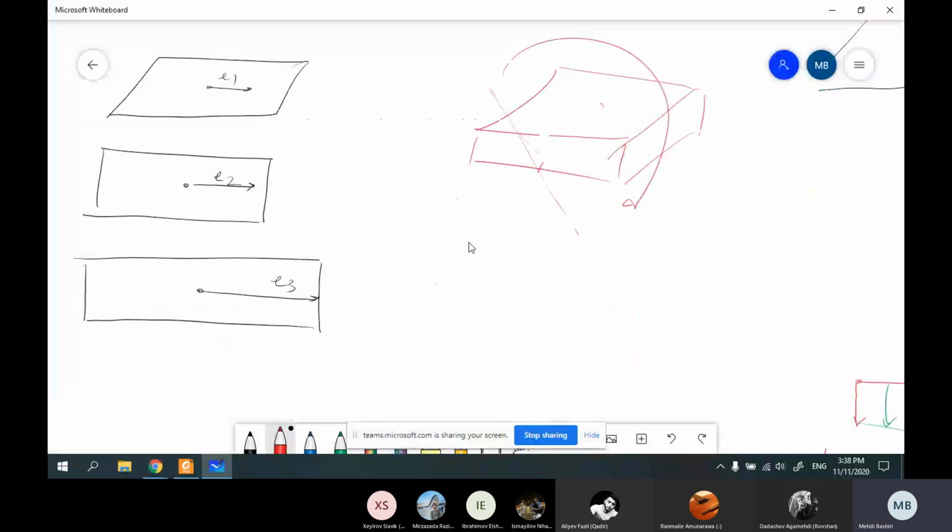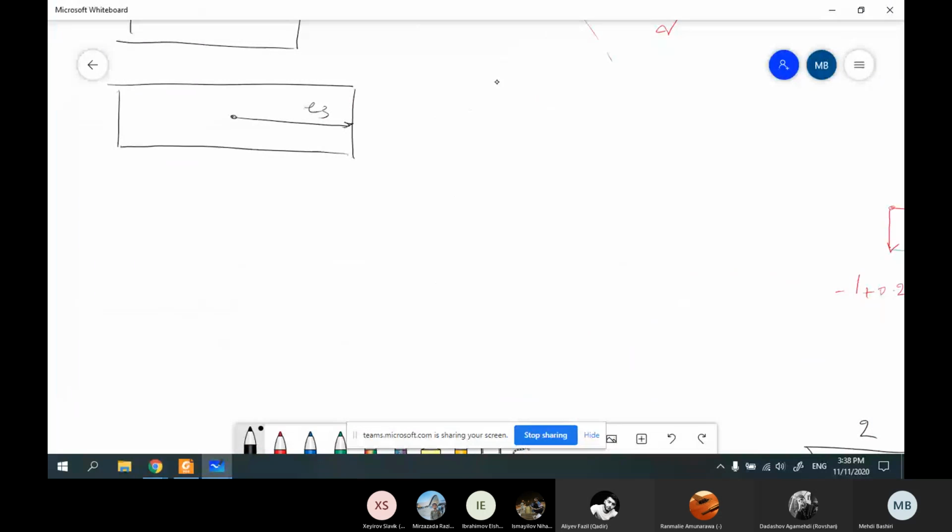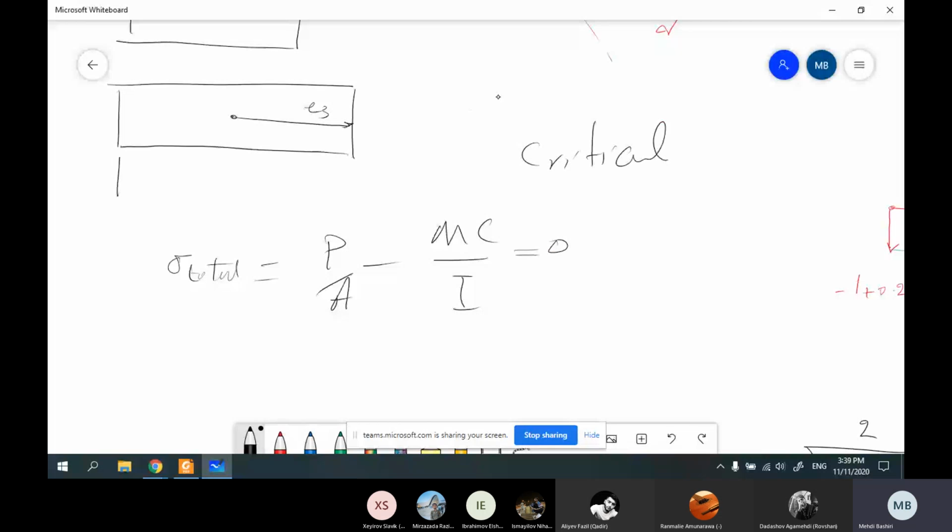From the superposition rule, you just saw that in the tension part, total sigma is equal to P over A minus MC over I. When sigma total reaches zero, we call this the critical value or critical condition.